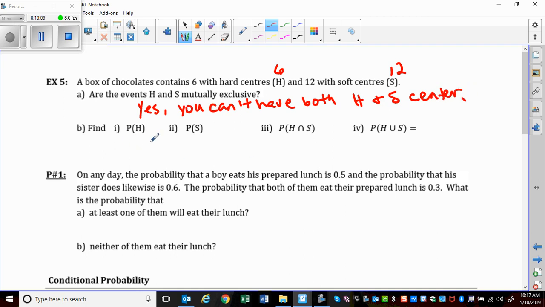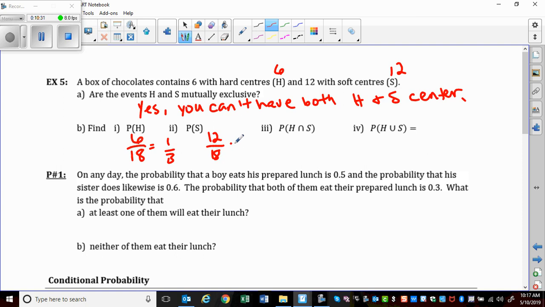Okay, find the probability of H. Well, we've got to add them up. 6 plus 12 is 18. So out of 18 candies, the probability of having a hard one is going to be 6 over 18. You can simplify this to 1/3. The probability of soft, well, we know that that's going to be 12 over the total, which is 18.